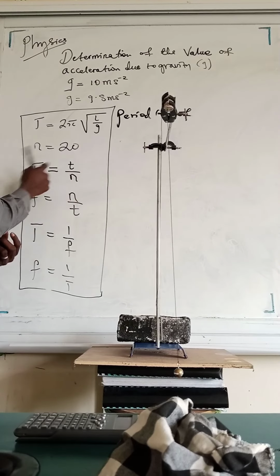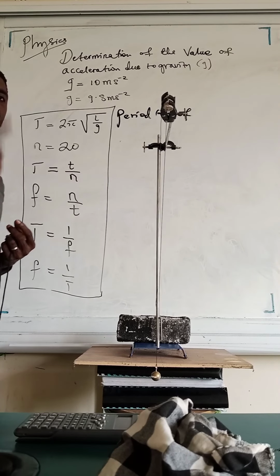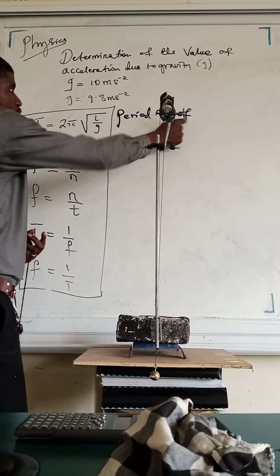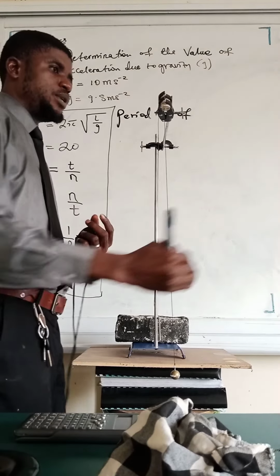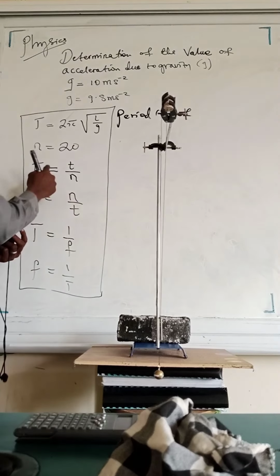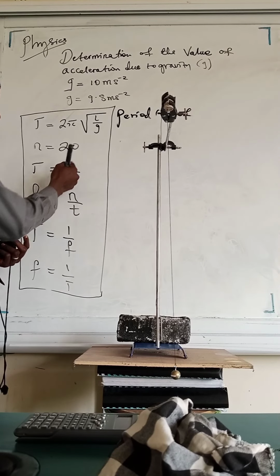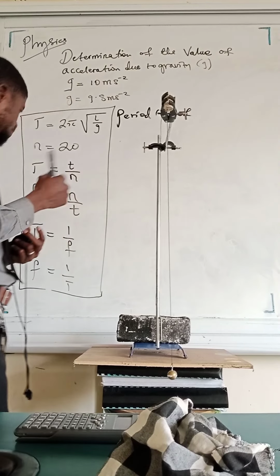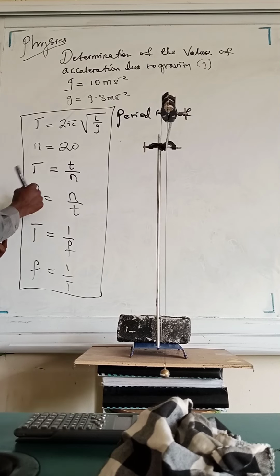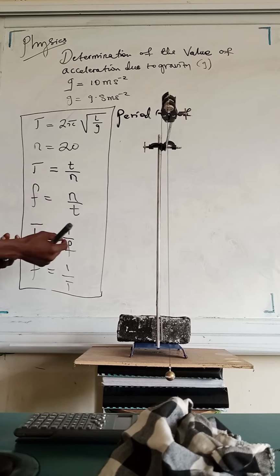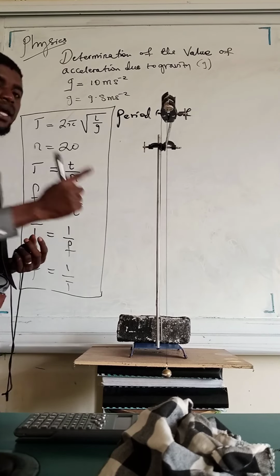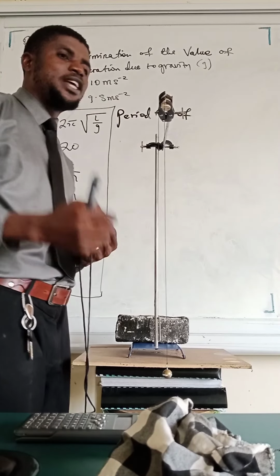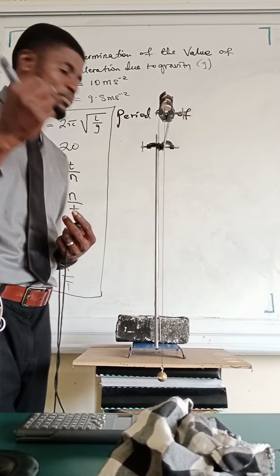Look at it on the board here. The period T of a body performing simple harmonic motion is defined as the time taken, small t, to make one complete oscillation. The frequency of oscillation is defined as the number of complete oscillations per unit time.